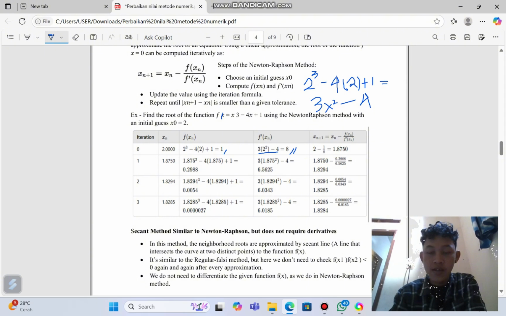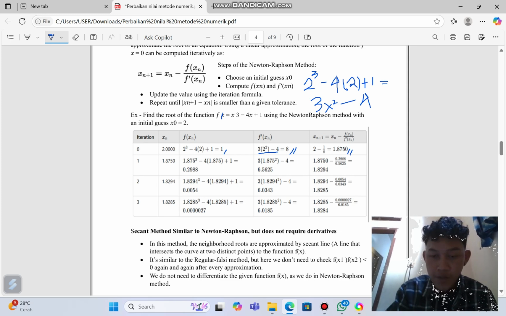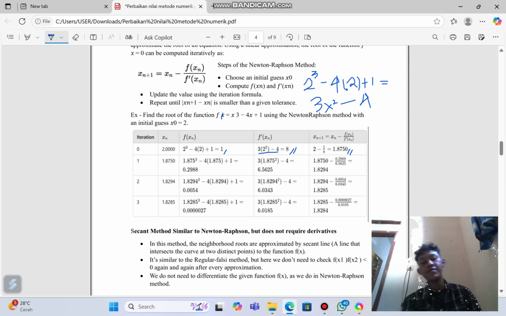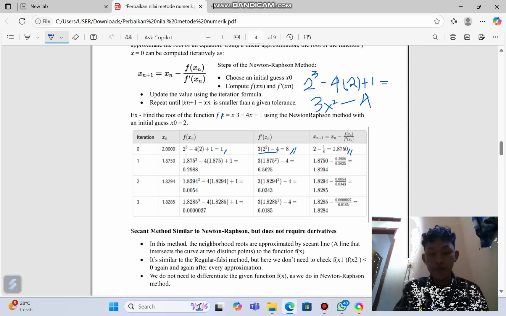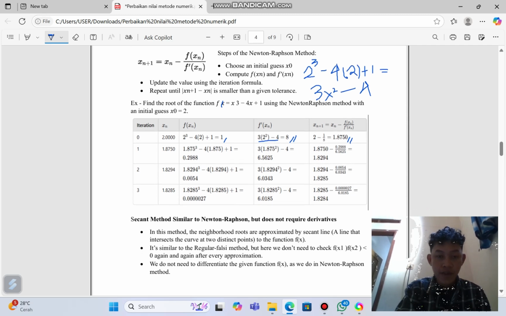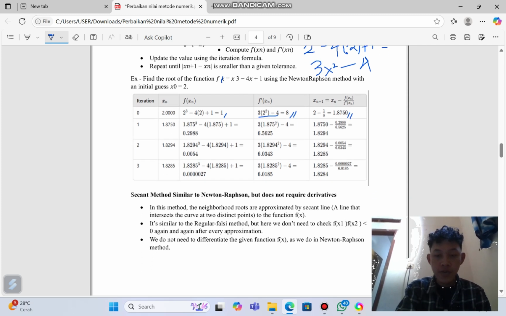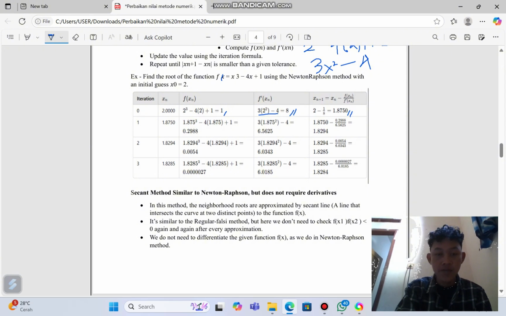So we get x_{n+1} is 1.8750, and we do it until the value is almost equal to 0, like this.